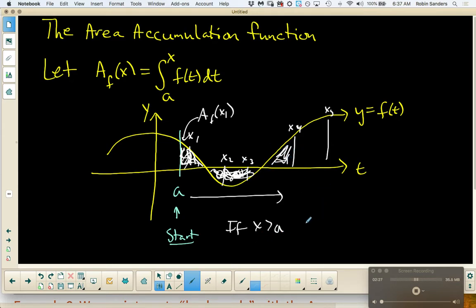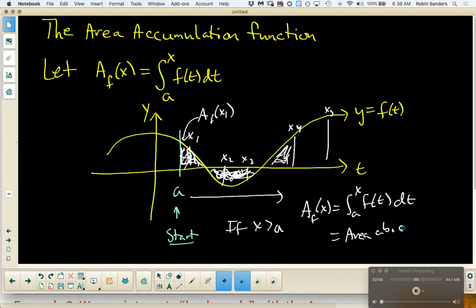So if x is bigger than a, then the value of the function A of x is going to be, well, it's of course going to be this integral, but it's going to be the area that is above the x-axis.